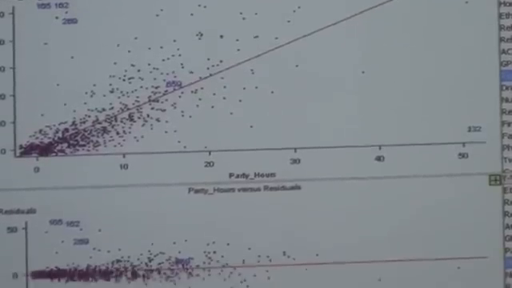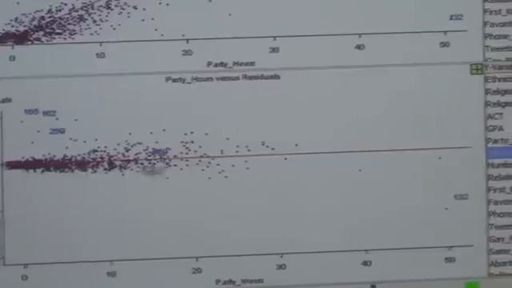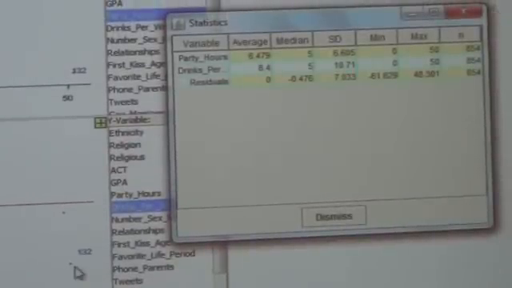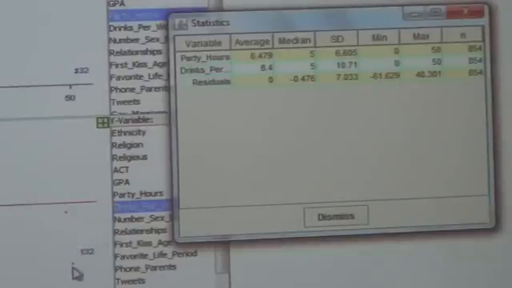And if you look at the statistics, now you can see the average error right here is 0. But the smallest one is this person, negative 61.629. It's much easier to read it now.